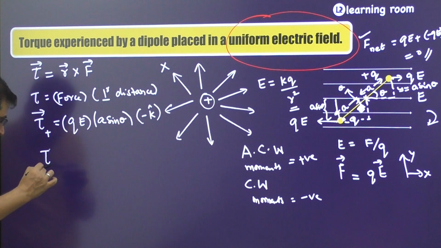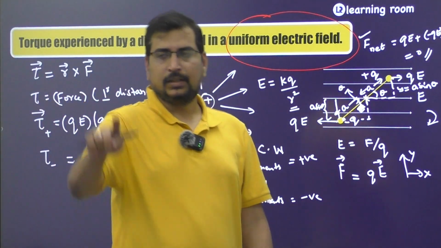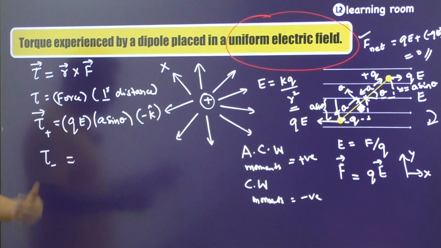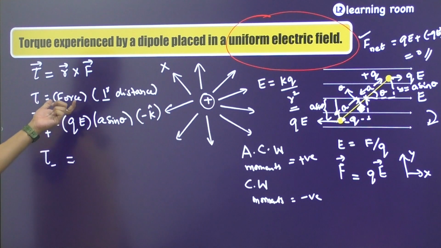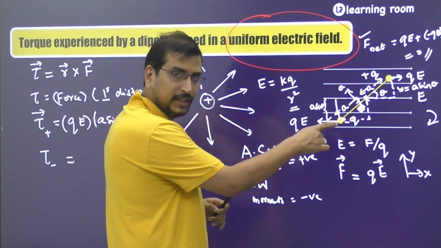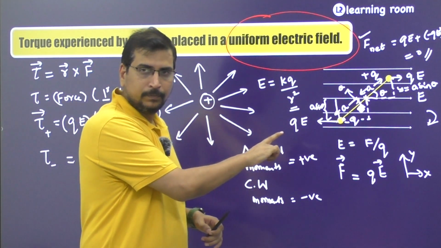Now, if I take the torque that is acting due to the negative charge, Kalyan, can you try? Just try, even if it is wrong, it's fine. What are you supposed to write for force? This negative charge is experiencing a force. What is the value?